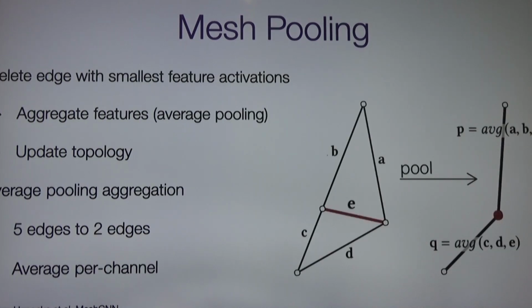The mesh pooling will then look at the activations induced by the mesh convolution in the previous layer, select the highest activation, which will of course correspond to one of the edges here, and it will update the topology of the mesh by collapsing edges that have the lowest activation.